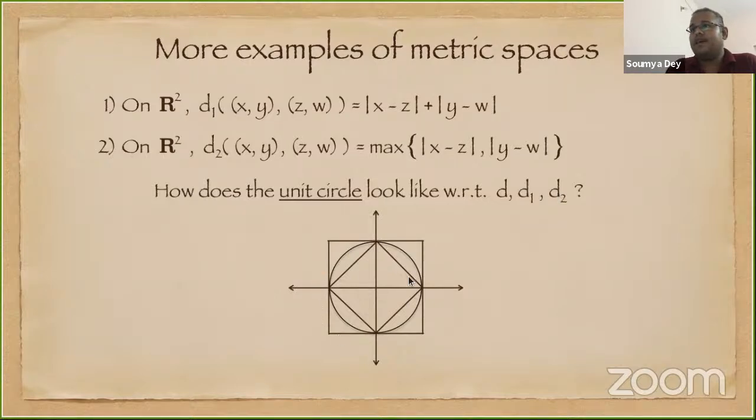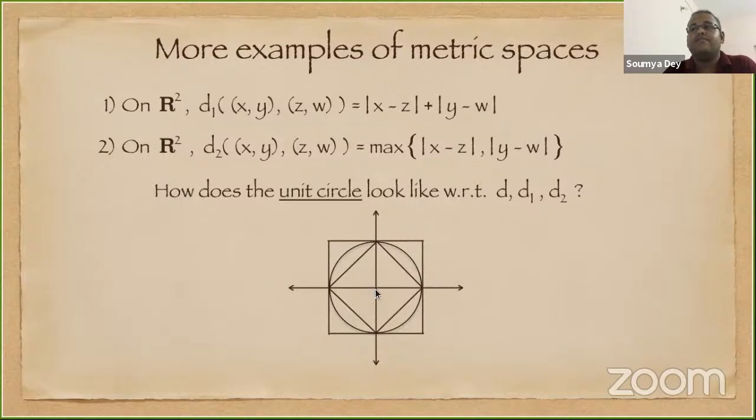Now, a good way to see what the difference between these three metrics or distance functions is, is by looking at the unit circle in these metrics. What is the meaning of unit circle in this case? In R2, you have the origin.